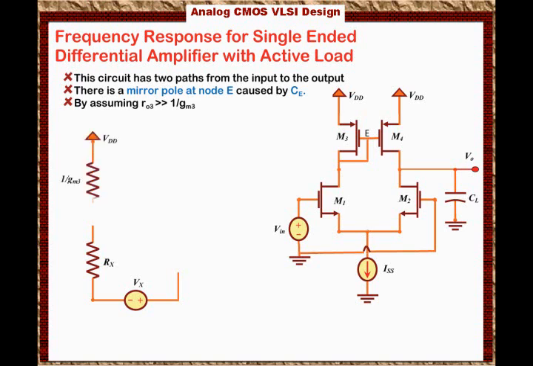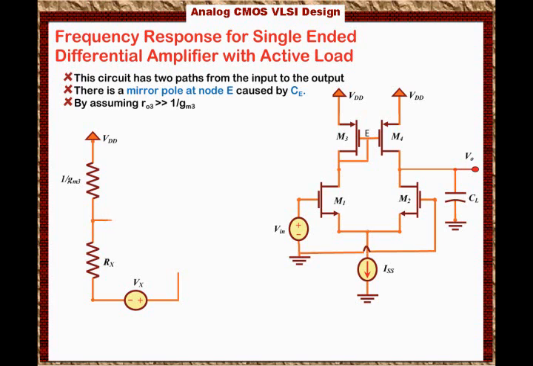M3 will have the equivalent circuit of 1 over GM3. Keep in mind that this is the AC signal, right? We are looking at the AC circuit here. And the reason it is 1 over GM3 is that 1 over GM3 is much smaller than RO3. So it should be in parallel with RO3, but for simplicity we are ignoring RO3.